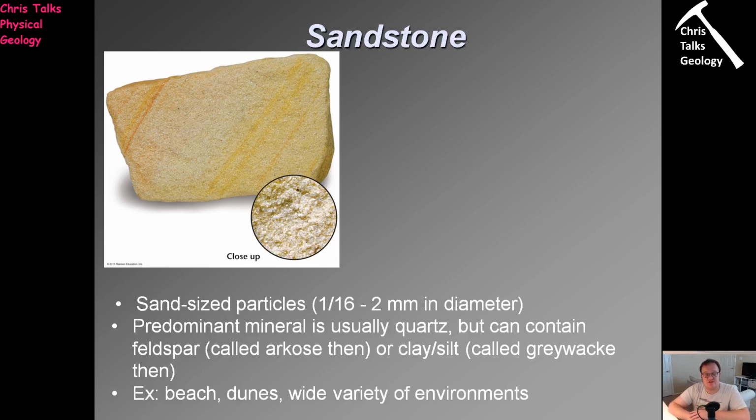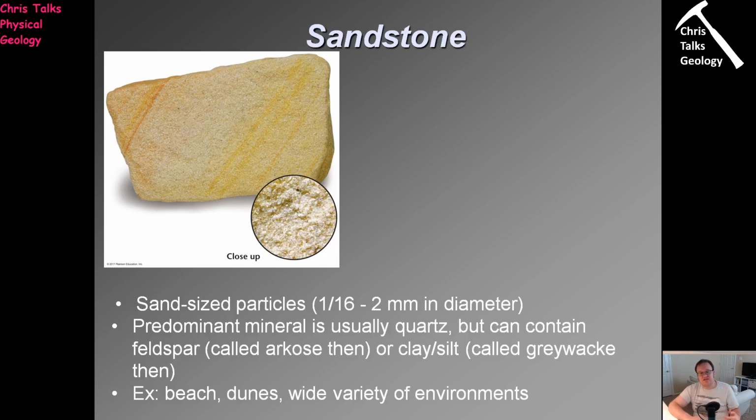class within your sandstone. So the predominant mineral within sandstones is usually quartz, but your sandstone can also contain varying amounts of feldspar, and it can also contain varying amounts of clay and silt. Now, this is important because it's going to change the name of our sandstone. So if our sandstone is very, very quartz rich, we're going to call it simply a quartz sandstone.